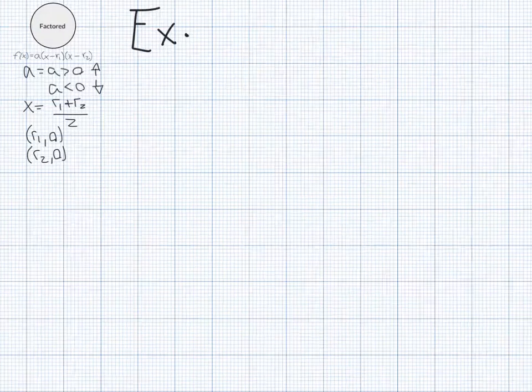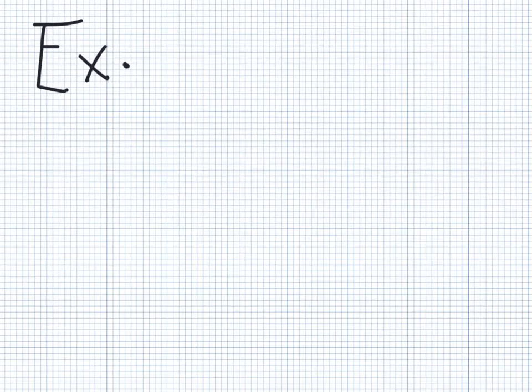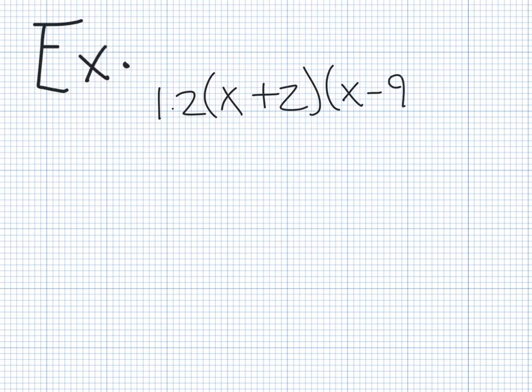For example, if you have the problem 1.2 times x plus 2 times x minus 9, the a value would be 1.2.